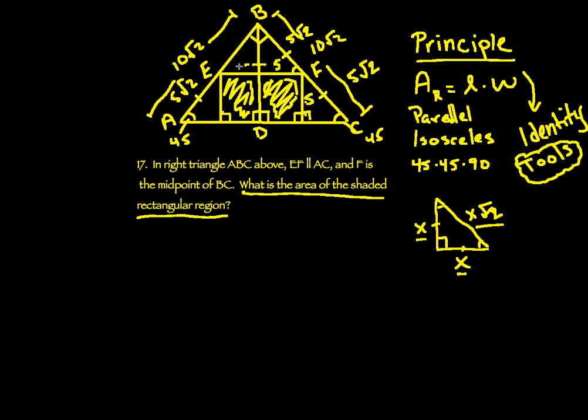And if that side's equal to 5, that side's equal to 5. And now, using our primary principle here, the area of a rectangle equals length times width, the area of this particular rectangle is 5 times 10, or 50. And that's the area of the shaded rectangular region.